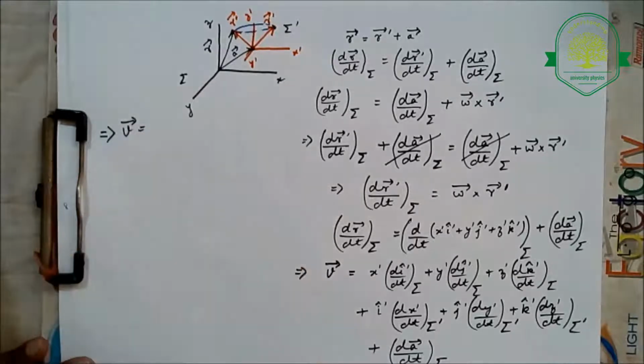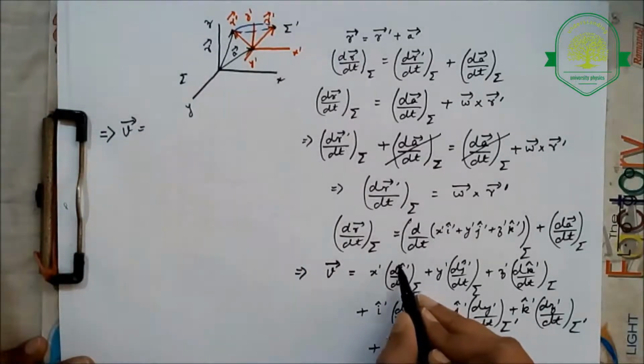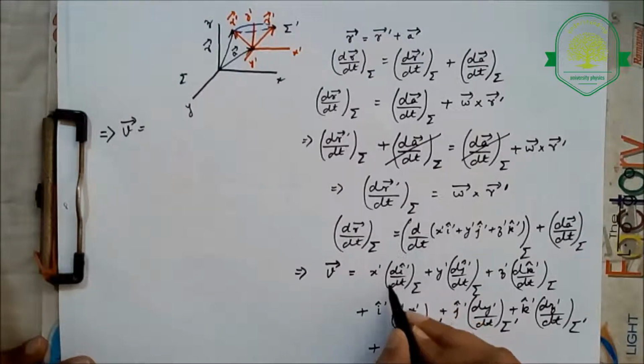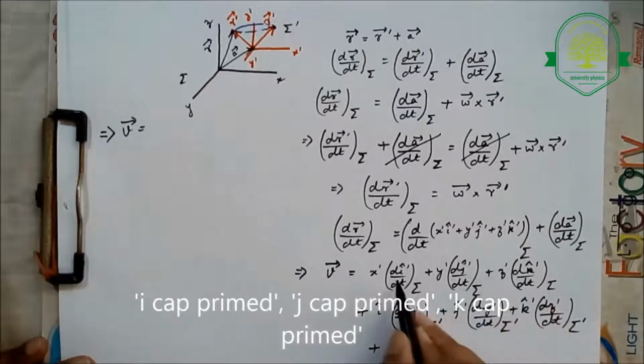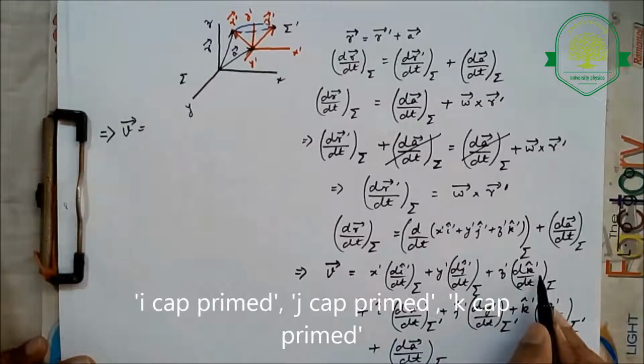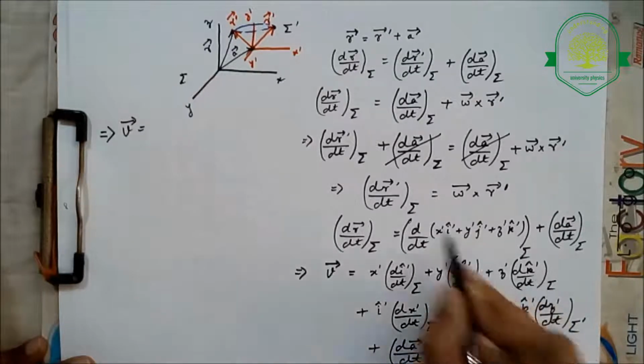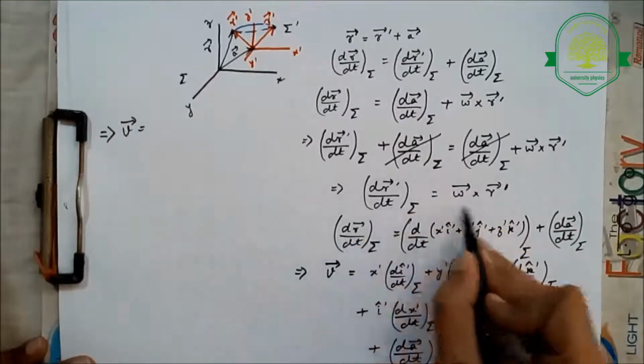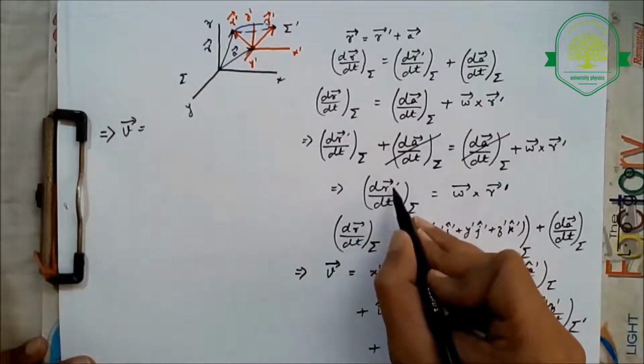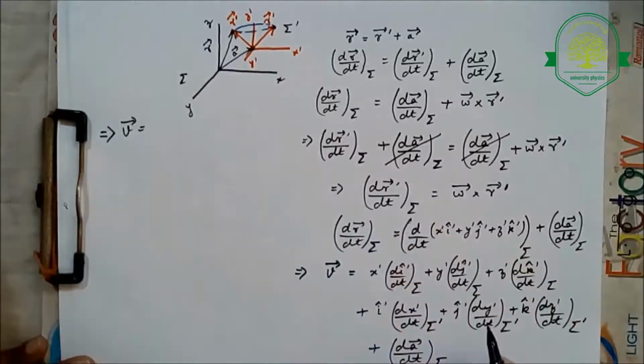Let me just jump one step and say that this will be equal to omega cross i cap primed from this equation, because i cap, j cap, k cap are all constant vectors as seen from the primed frame of reference, and this formula holds for a vector which is constant in the primed frame of reference.